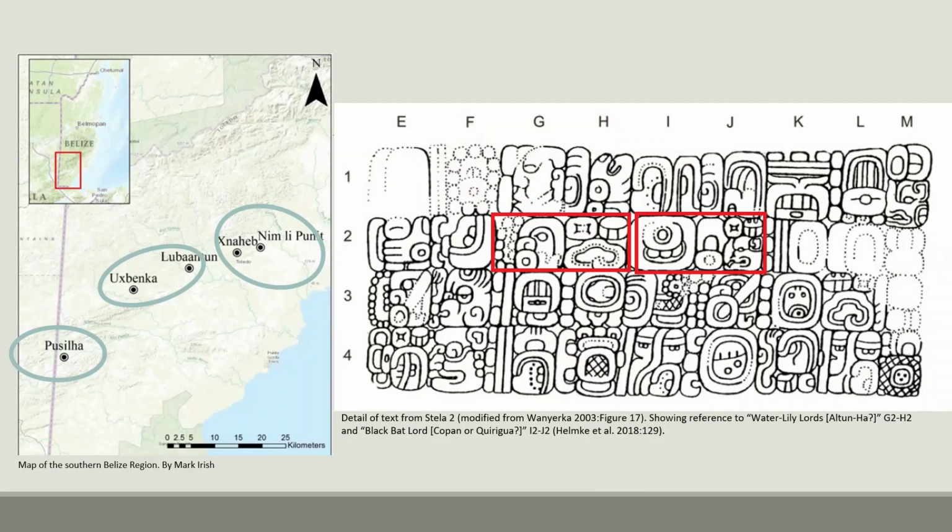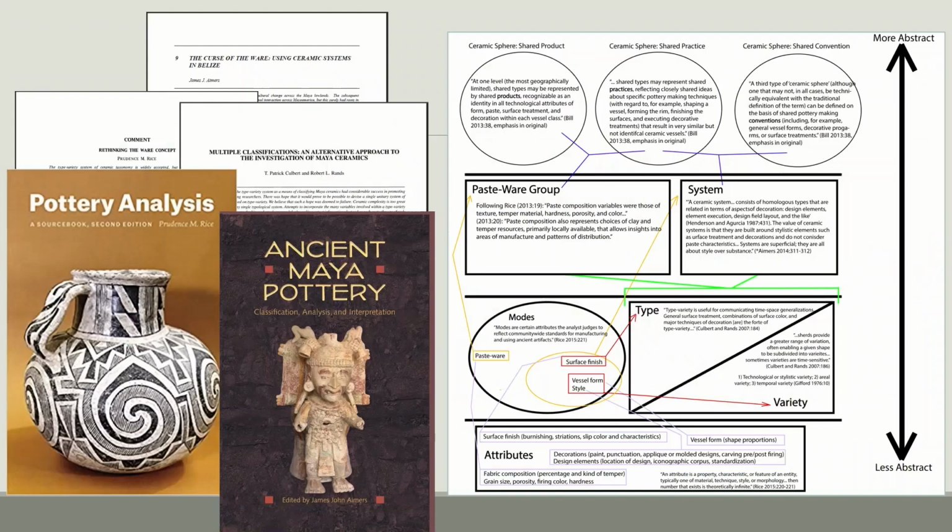Throughout its history, the pottery of Nimli Punit reflects its wider ceramic connections, but all the sites seem to have developed ceramic ties with Western Belize during the period of contraction and collapse, circa AD 780 to 850. One of the reasons that I really like 3D modeling for pottery analysis is just considering the contention in much pottery classification and the importance of periodic conferences to establish types and resolve controversies.